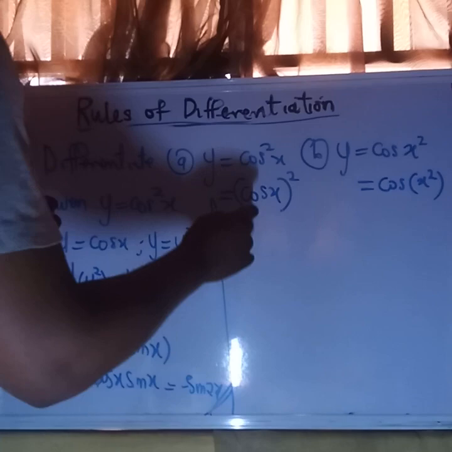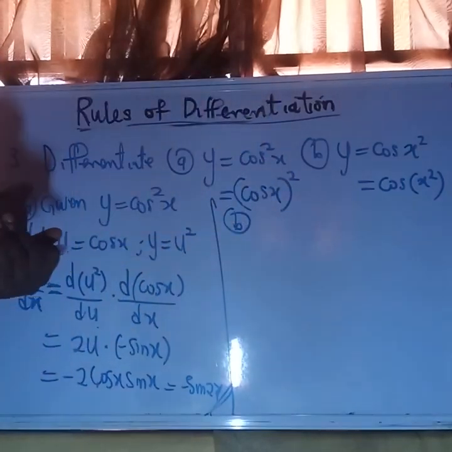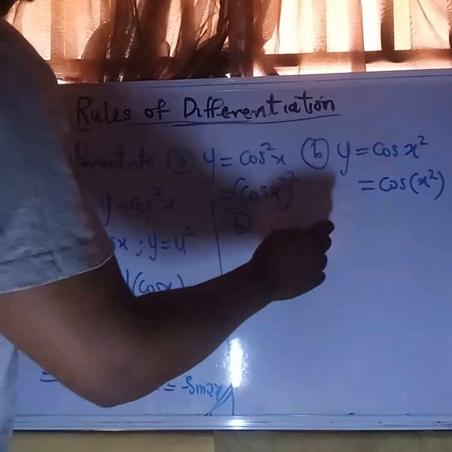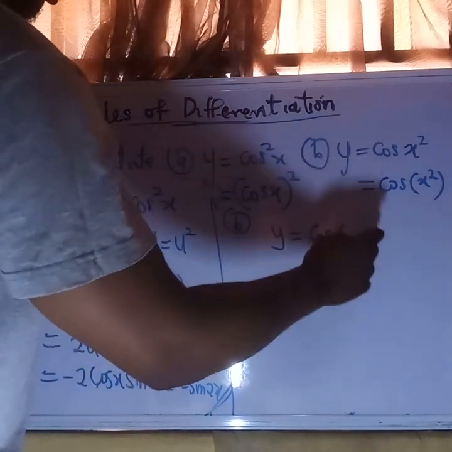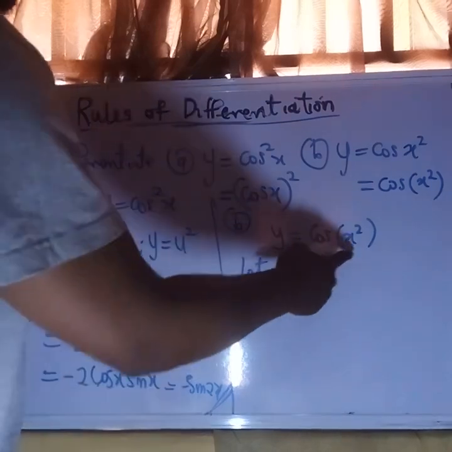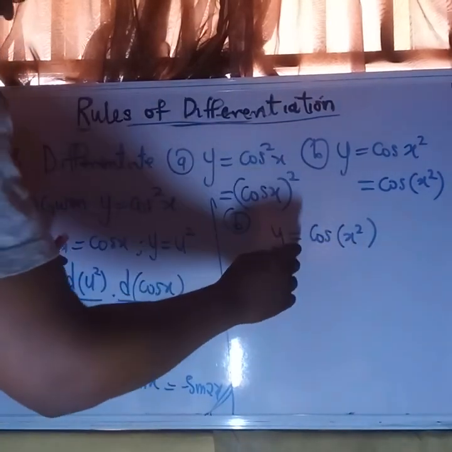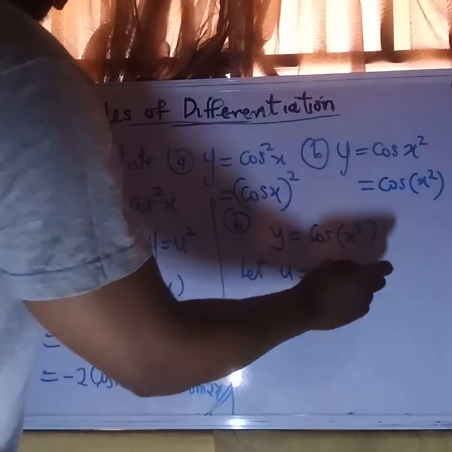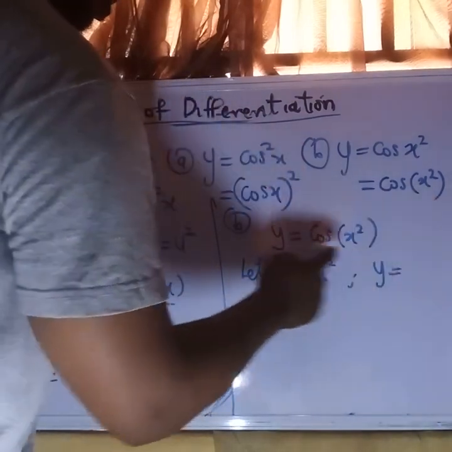So let's see from part B what the slope of this function is. In part B we are given y equals cos x squared. As seen here, the inner function is u, and y will be cos u.